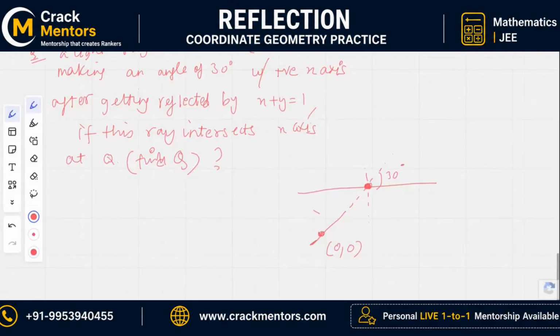Okay. Given that the ray is from 0 comma 0 at 30 degrees, so y equals x by root 3.